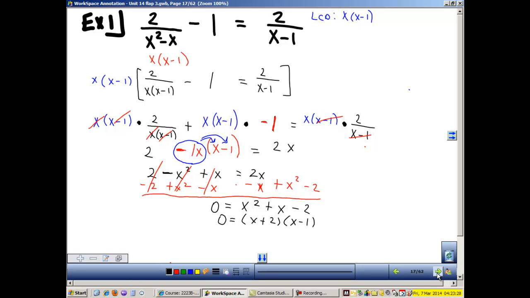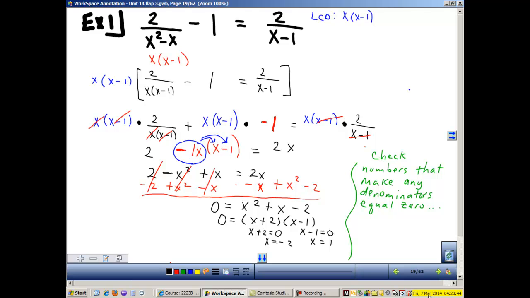Factor and set each of these factors equal to 0 and solve. We get x equals negative 2 and x equals 1. The last step is to check and make sure we do not have extraneous solutions. By checking the numbers that make any of the denominators equal to 0, set the denominators equal to 0.